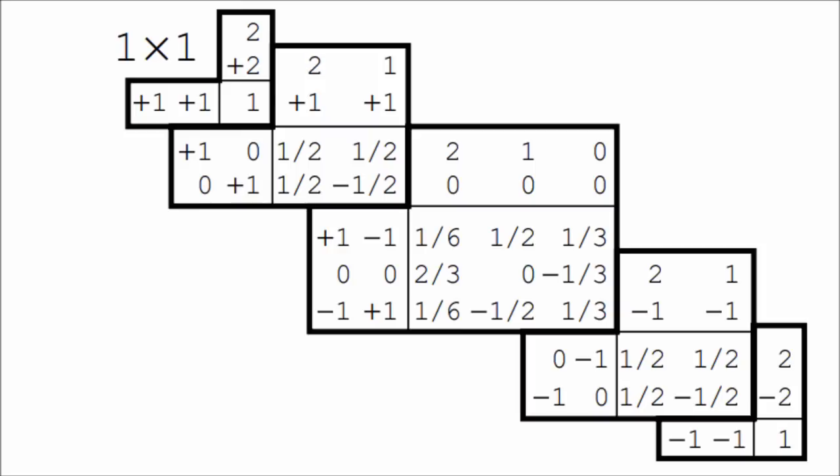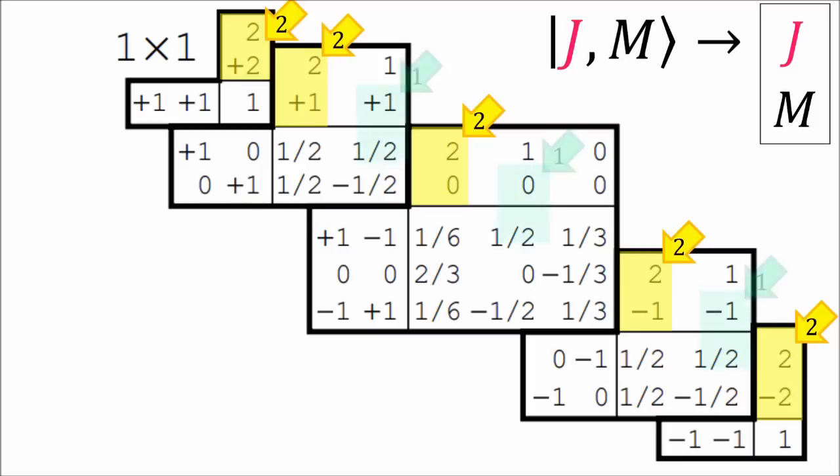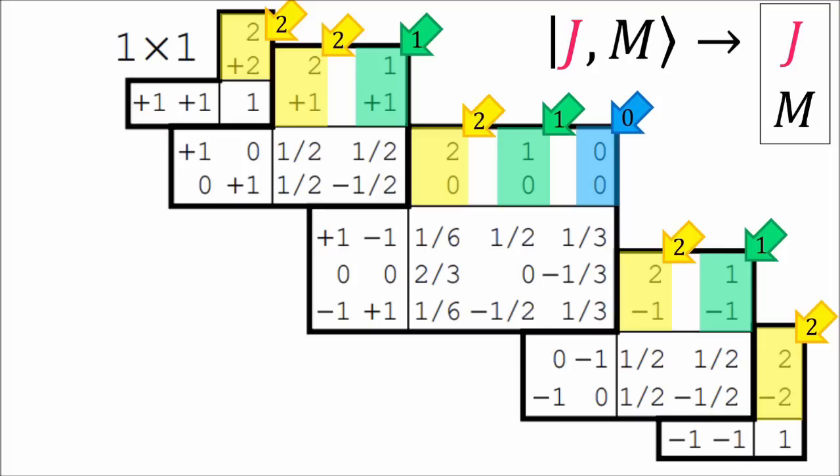Along the top, you'll see the various basis vectors in the irrep basis, labeled with their spin number j, followed by their eigenvalue m. For example, here we have a decomposition into a spin 2 irrep with 5 basis states, a spin 1 irrep with 3 basis states, and a spin 0 irrep with 1 basis state.